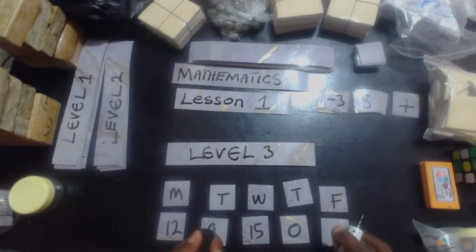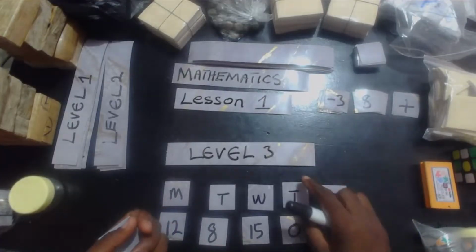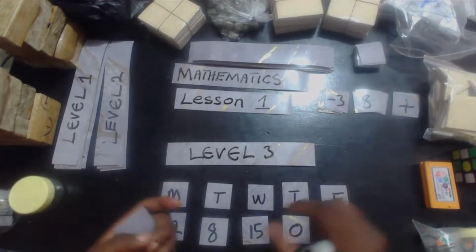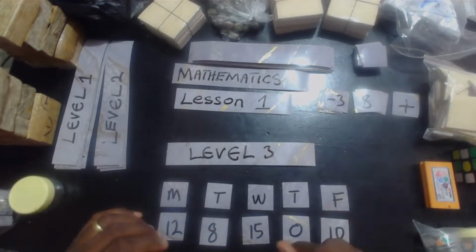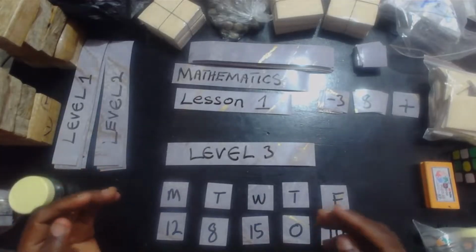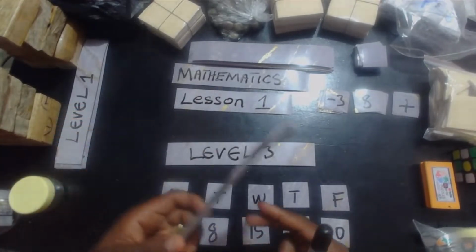And then Friday he catches 10. So this is the distribution of fish on a daily basis for our fisherman. So the question now is very simple. Which number set best describes the daily catch? So what would you say?